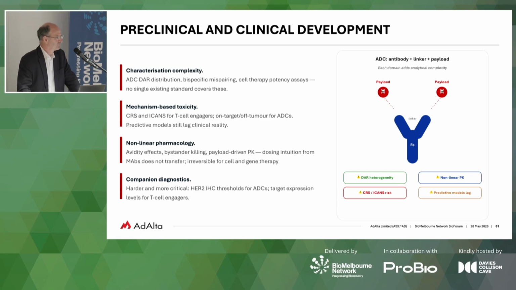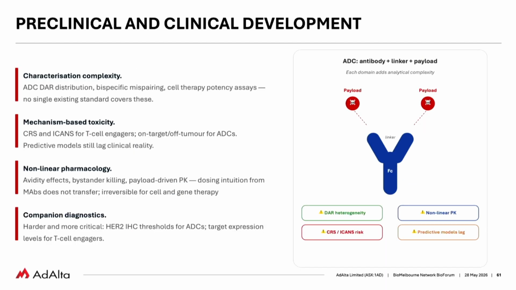We've got mechanism-based toxicity to deal with. Cytokine release syndrome and ICANS with CAR T-cell therapies, for example, or bispecific T-cell engagers. You're trying to drag your immune system into doing things it wasn't doing before. Well, it can overshoot pretty easily. So the therapeutic windows of some of these drugs can be really, really tight, something we need to get on top of very early.